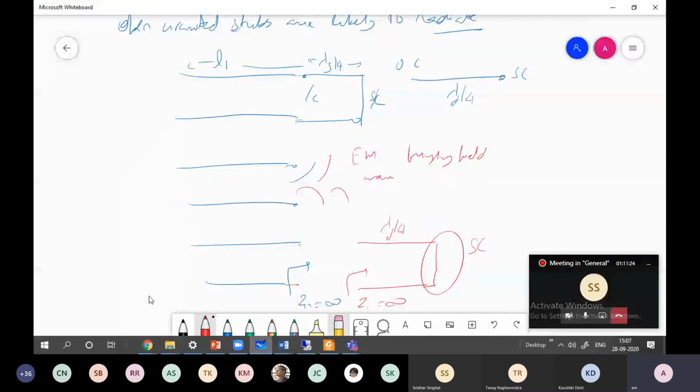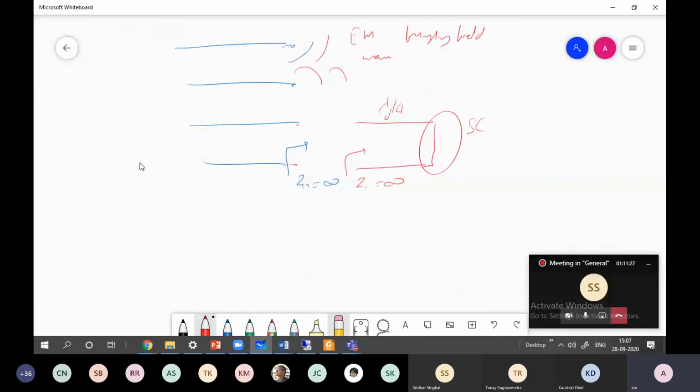Let us say ZL equals 30 plus j40 ohm. This is for the BTech students, and ZL equals 30 minus j40 for dual degree.